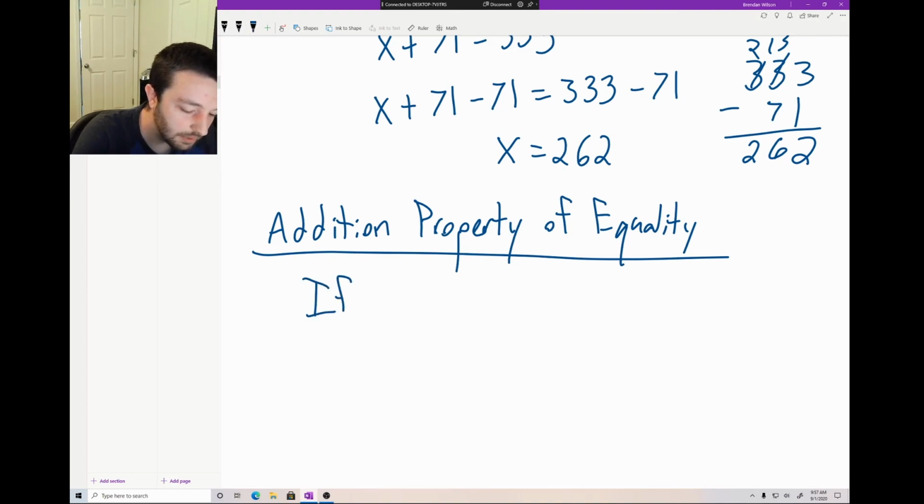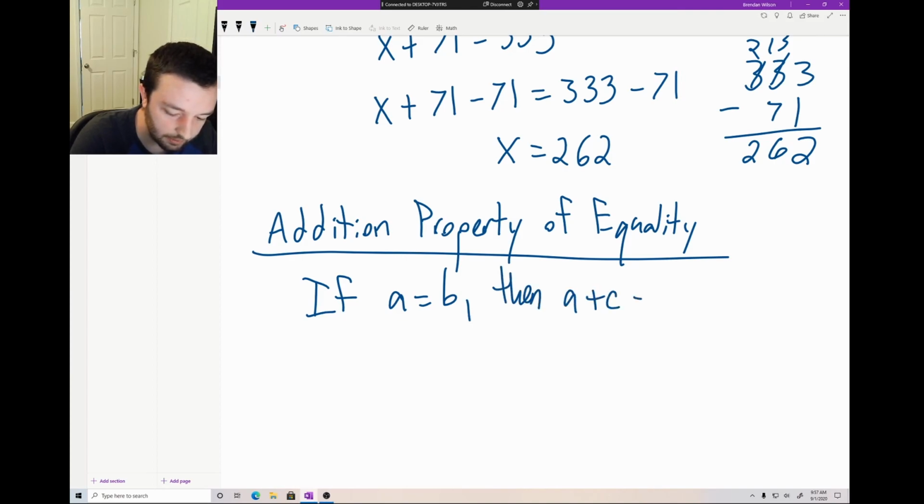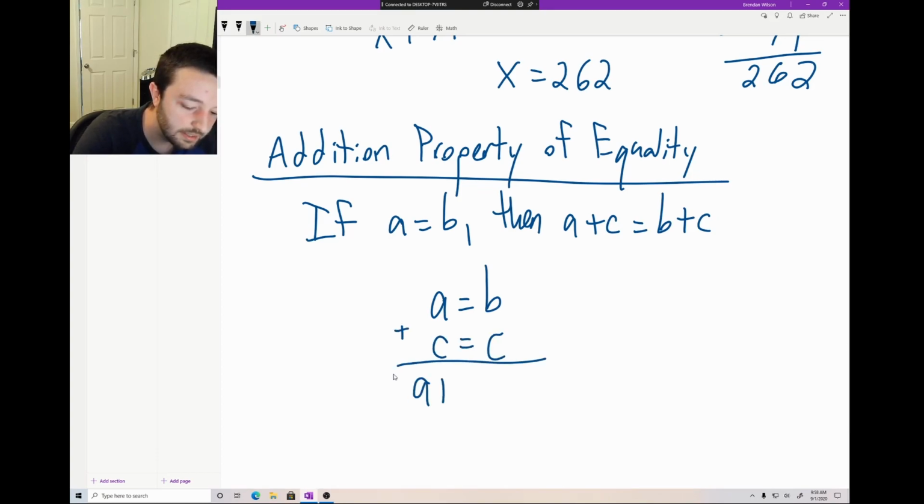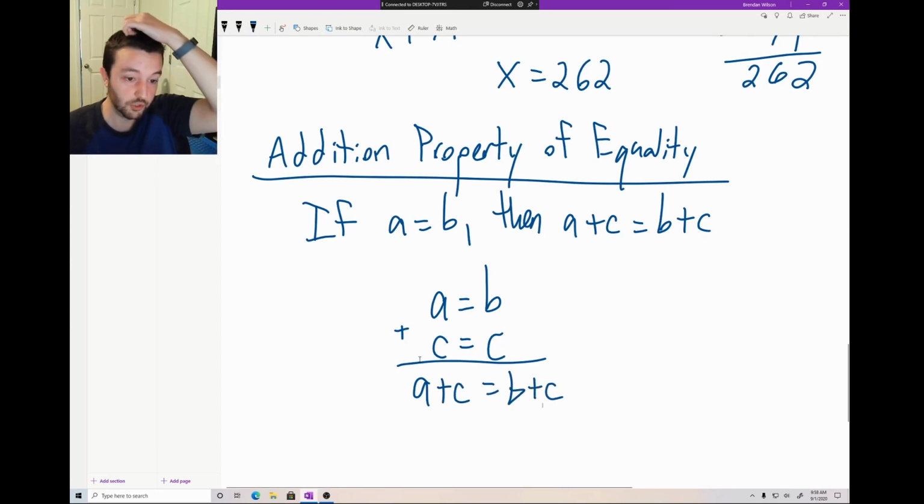This just says the same thing, but with addition. If A equals B, then A plus C equals B plus C. So we're essentially saying, okay, we have two equations, A equals B, C equals C. We can add these together to form a third new equation, or a third true equation.